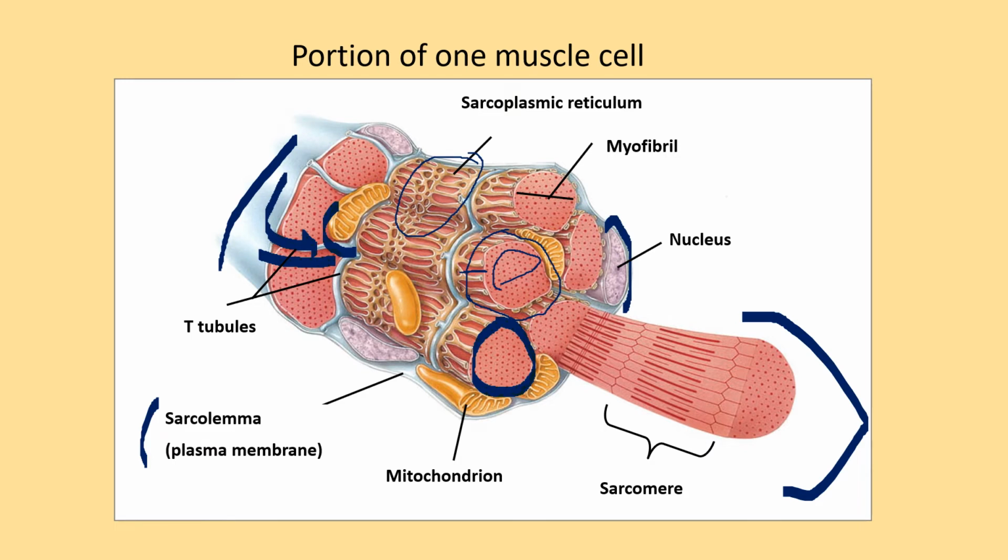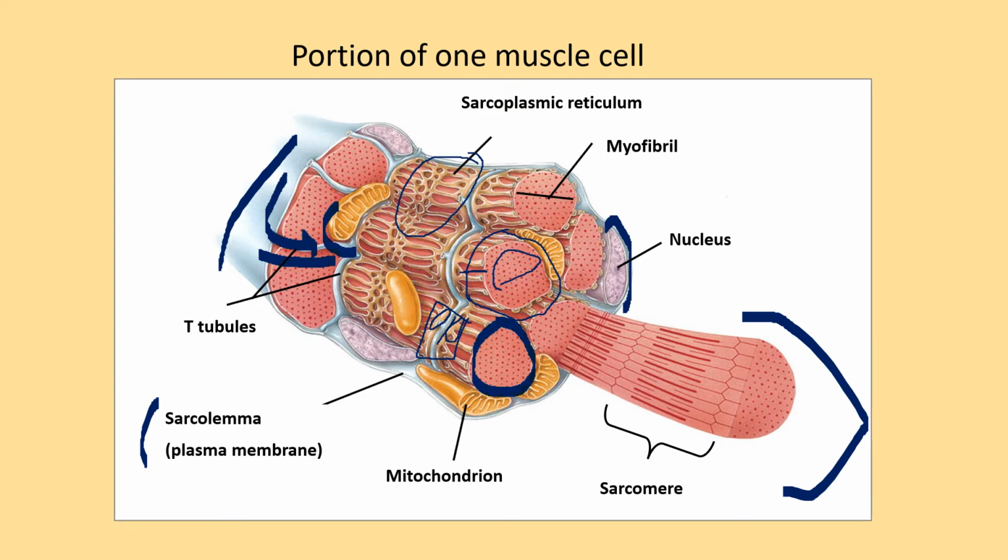What else important do we see here? Yeah, we see an important physical relationship between T-tubules and the sarcoplasmic reticulum. So let me move down here and highlight what's known as a triad. Maybe that word is familiar to you from another course. So tri means three, right? And so what we're looking at is the sarcoplasmic reticulum on this side of the T-tubule, and then we have the T-tubule, and then we have the sarcoplasmic reticulum on this side of the T-tubule.